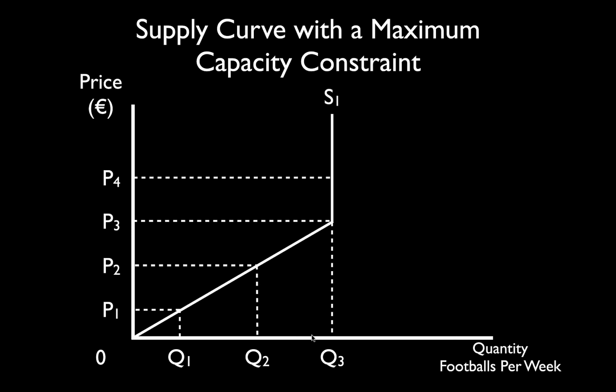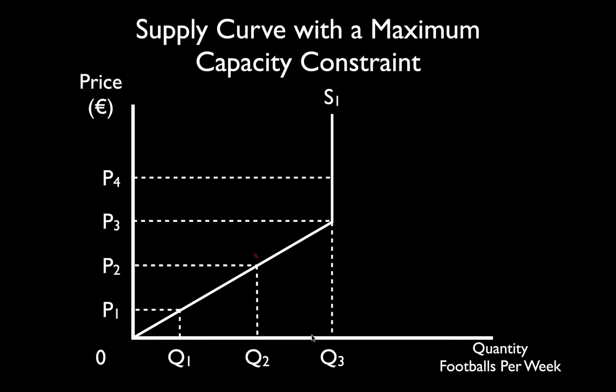The only way for them to increase their production, increase their quantity supplied, to try to benefit from higher profit margins at higher prices, would be to expand the firm, to invest in new and more factors of production, most likely capital. So what are we saying here?